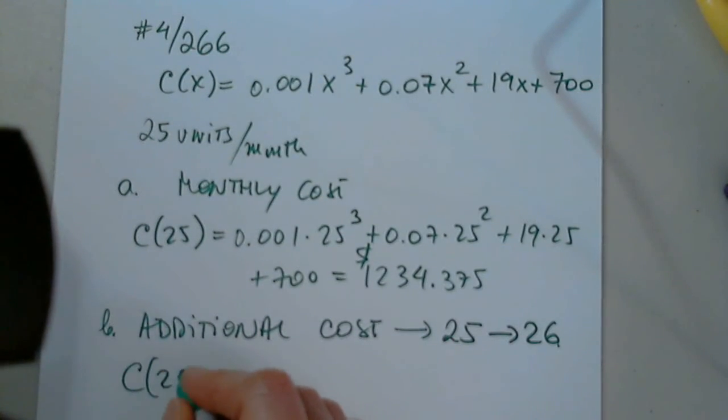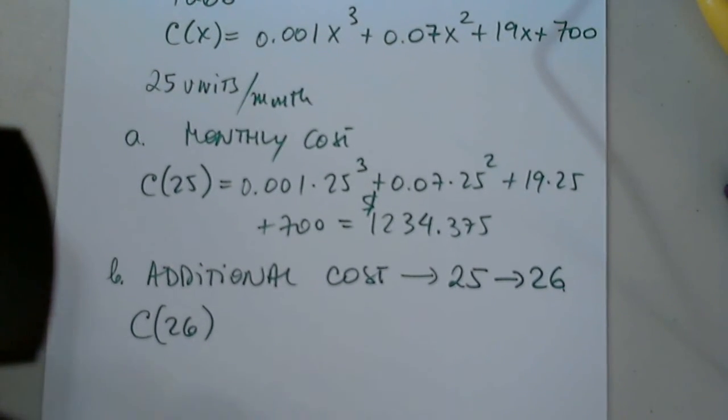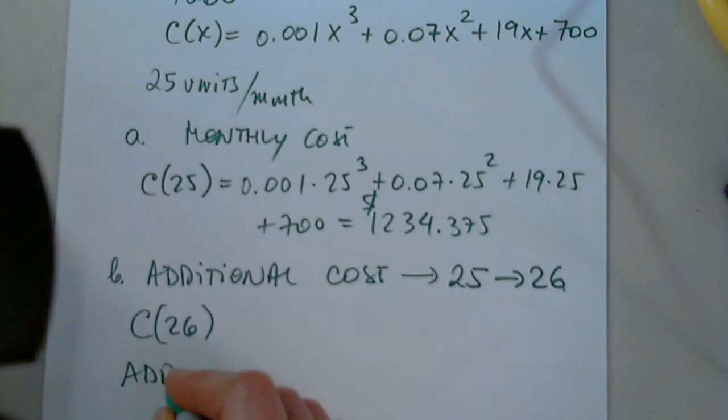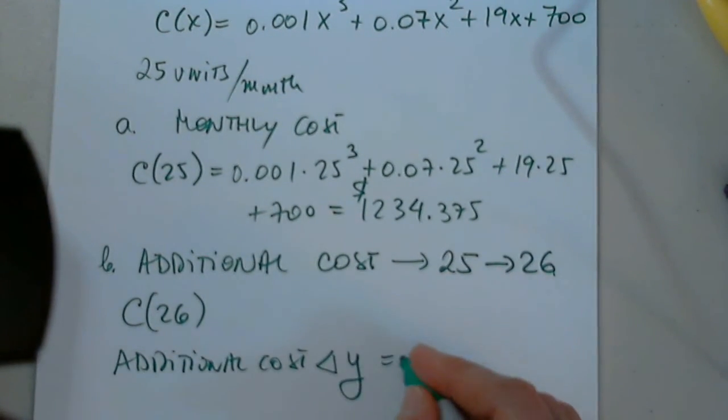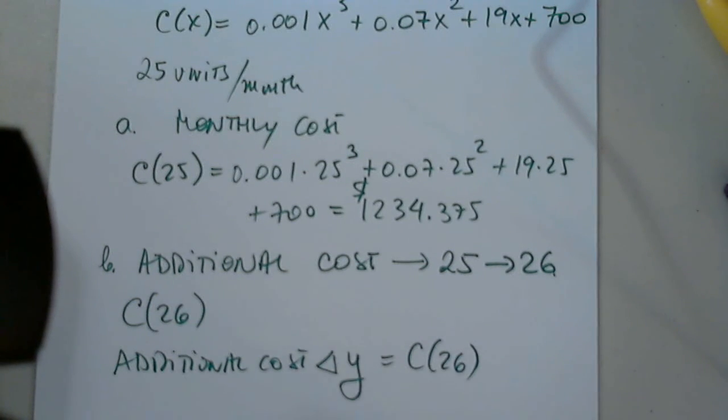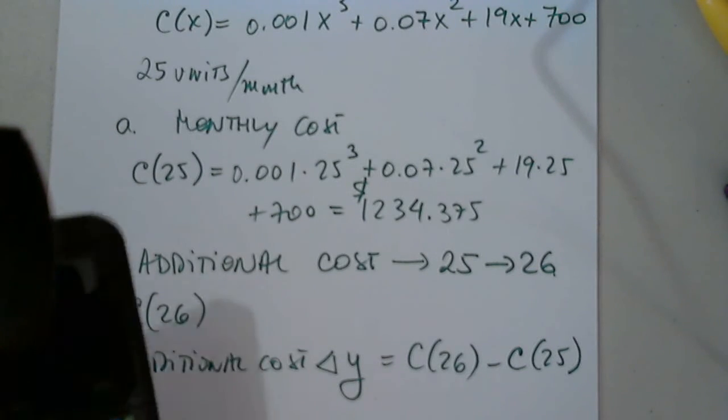I have to find C of 26, and the additional cost is delta y, which will be C of 26, that is, C of 25 plus 1, minus C of 25. That will be the additional cost when we move to producing 26.